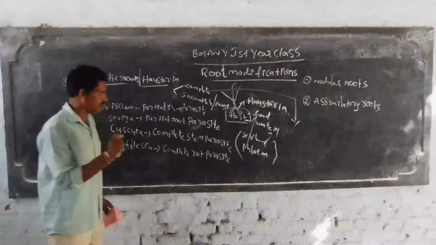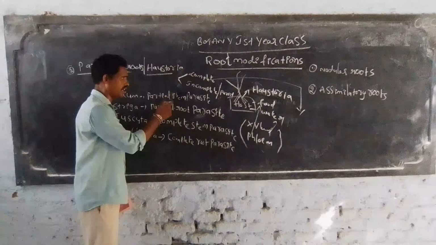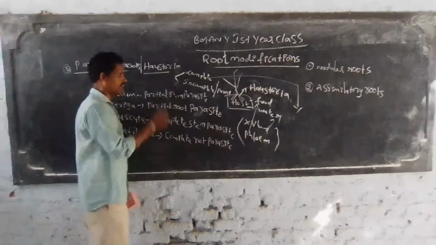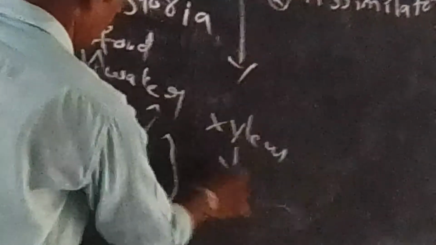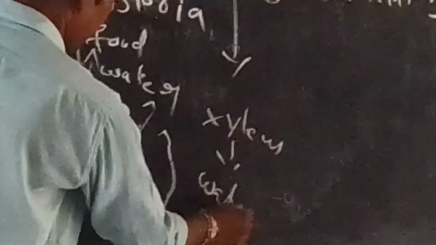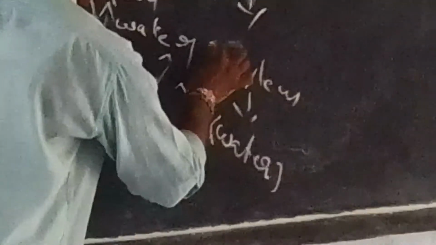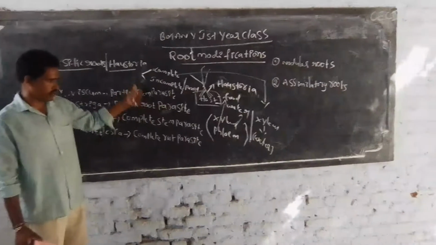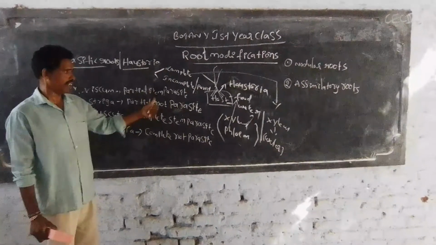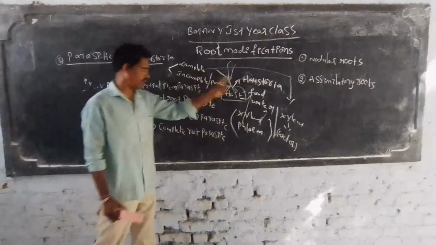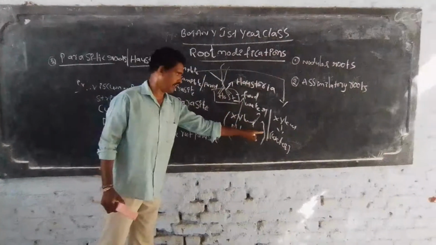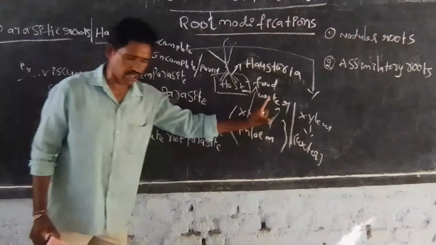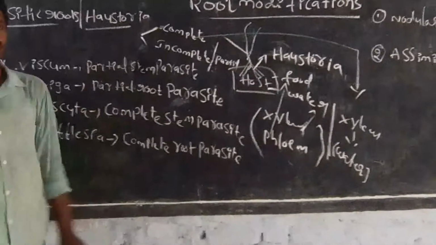Whereas in an incomplete parasite, Haustoria are present only in the xylem to get water. Incomplete parasites are green in color and make their own food. They depend only on the host for water, so Haustoria are present in the xylem tissue of the host plant.